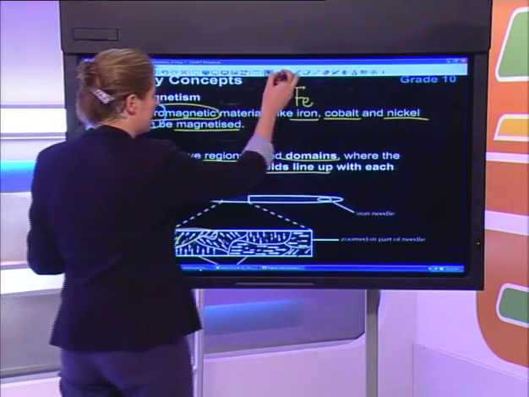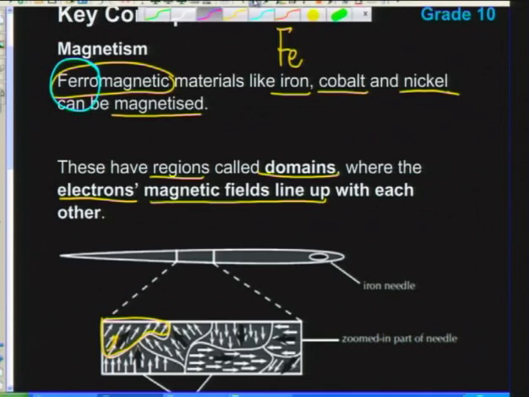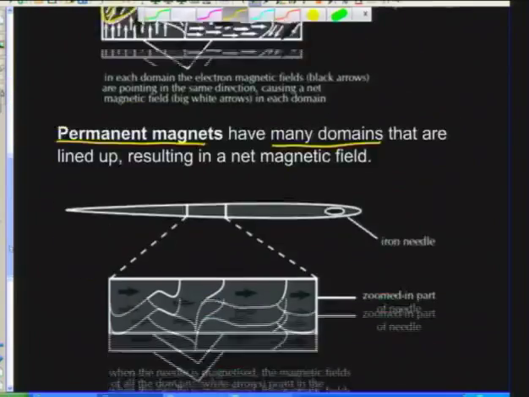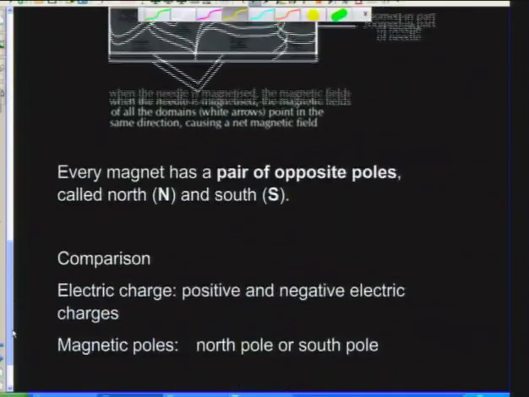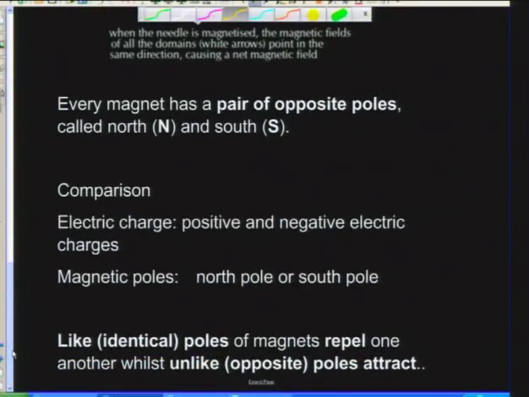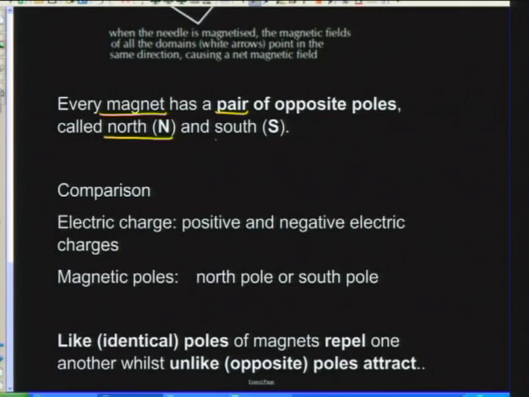Let's head back to our thoughts here and we've got the idea that things are magnetized. Notice that every magnet has a pair of opposite poles. There is a north pole and there is a south pole. It's important to notice that magnetic poles always have a pair. You can't have a north pole without having a south pole.